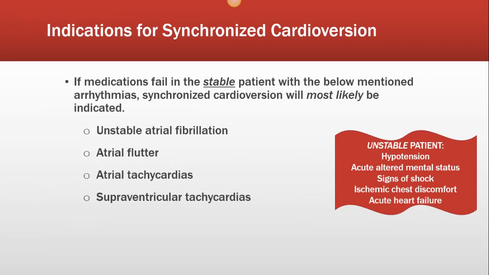Atrial flutter, atrial tachycardias, or supraventricular tachycardias, they may even try a synchronized cardioversion. So if people aren't doing well with these rhythms, they're going to try and get them out of it, and synchronized cardioversion is most likely going to be indicated.